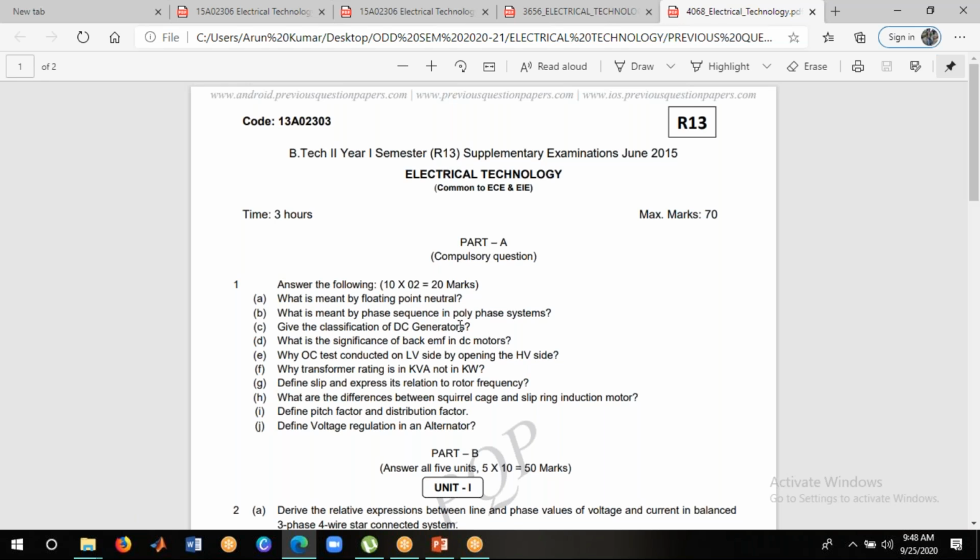Like this question, you can write: the DC generator is classified based on excitation into two types, separately excited and self-excited. Second, based on the connection between the armature winding and field winding, it is again classified into three types: DC shunt, DC series, and DC compound. Based on the shunt connection in a compound, it is again classified into short shunt and long shunt.